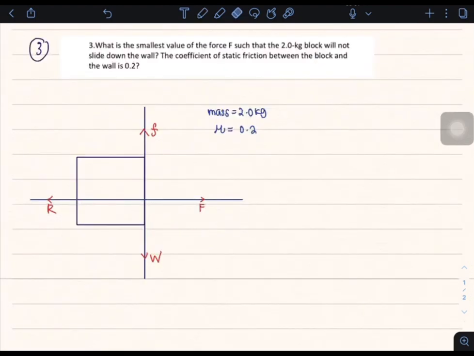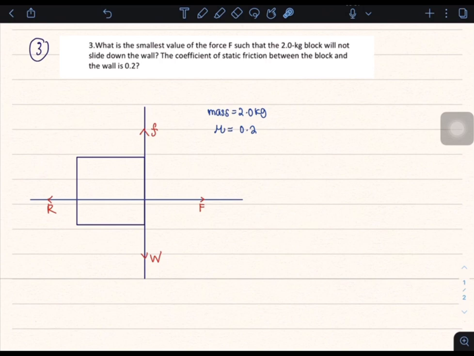So for question number 3, given that the mass of the block is 2 kg and the coefficient of static friction is 0.2. I've drawn the free body diagram here where the friction will be upwards because it will slide down, and there is also weight and force that will act onto the block and also resultant force opposite of the force.